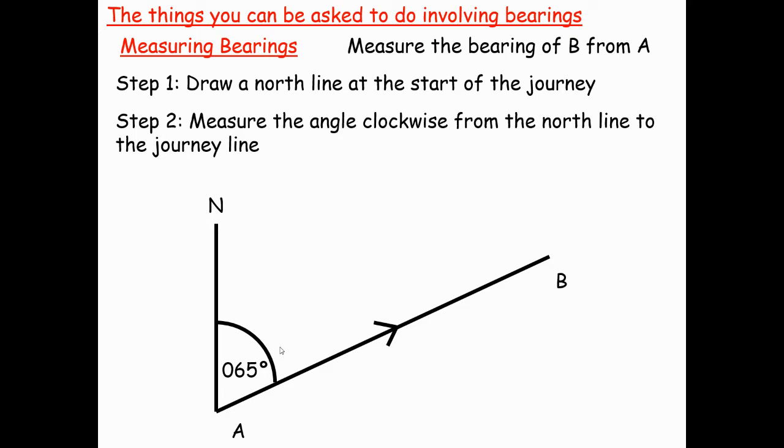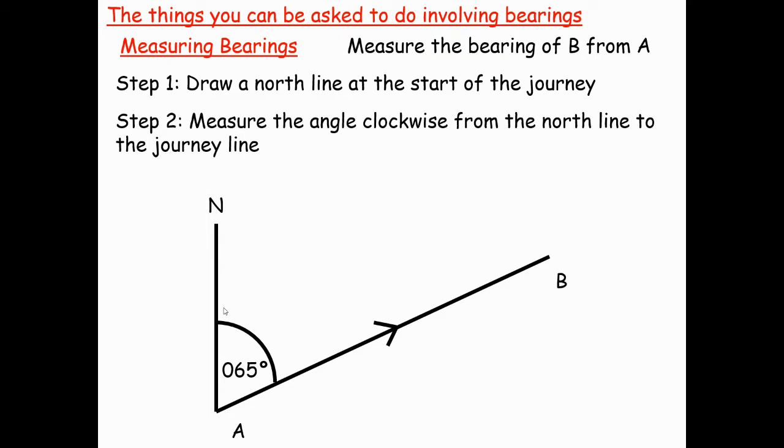And the way to imagine what you've got to do here is imagine you are standing at A and you are looking north. What the question is asking you to do is how many degrees would I have to turn so that I'm now facing B? Because that's the whole point of bearings, is to get yourself pointing in the right direction so you can travel somewhere.